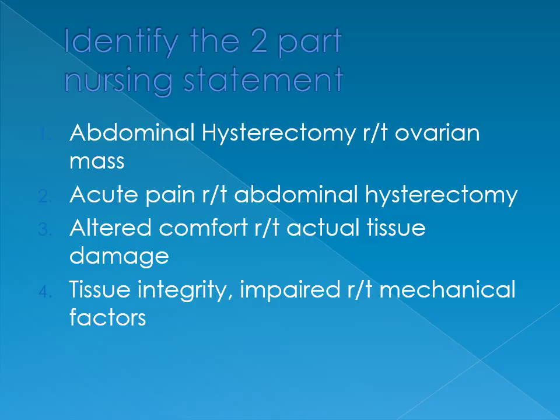Now, it looks correct as far as if I'm saying related to mechanical factors. Well, certainly my tissue could get impaired because of mechanical factors, shearing and things like that. So that sounds totally plausible to me, and I can double check it if I'm not real sure, and especially when I'm a new student, I do need to kind of verify things.